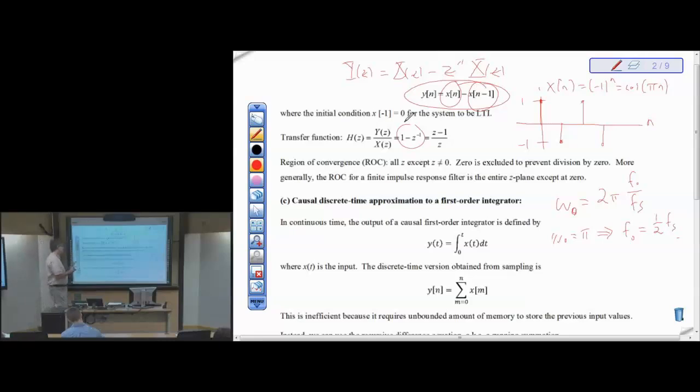This basically pulls out the high-frequency content of an image, of a signal, and the averaging filter pulls out the low-frequency content in a signal. They're kind of duals of each other. Region of convergence, same story: it's the whole z-plane except z equals 0. All right, next up, the first-order integrator.